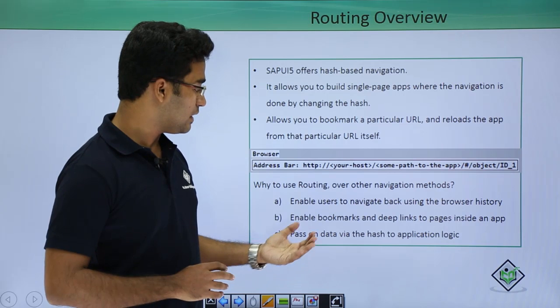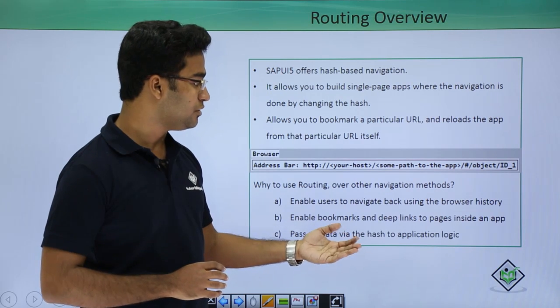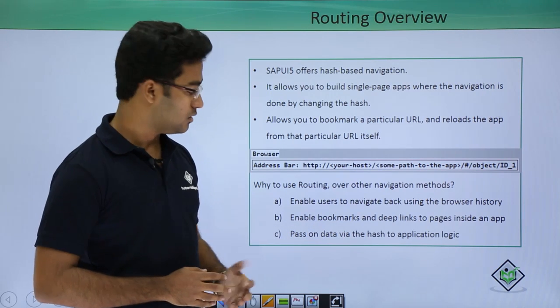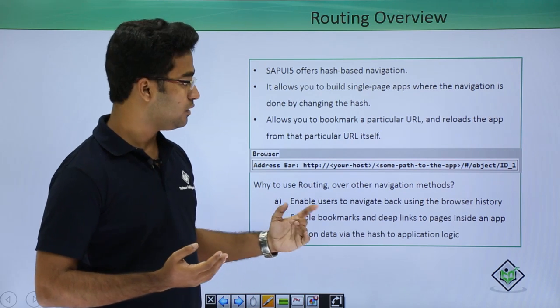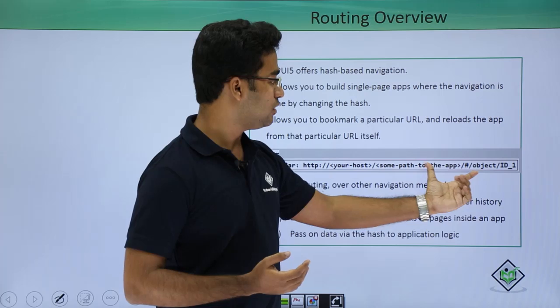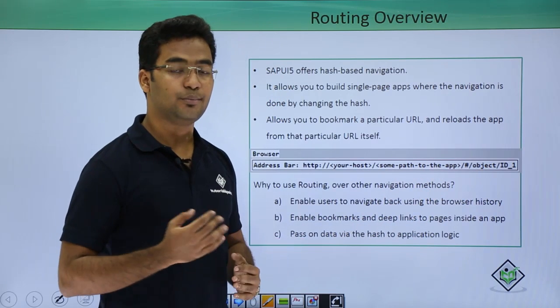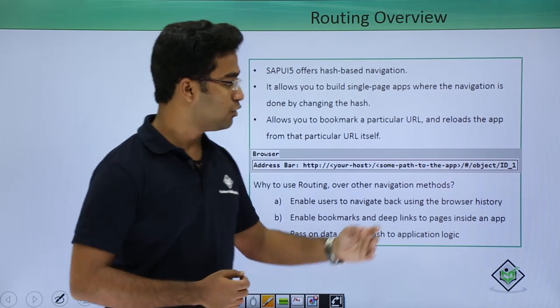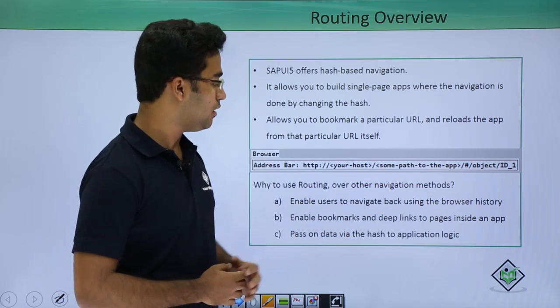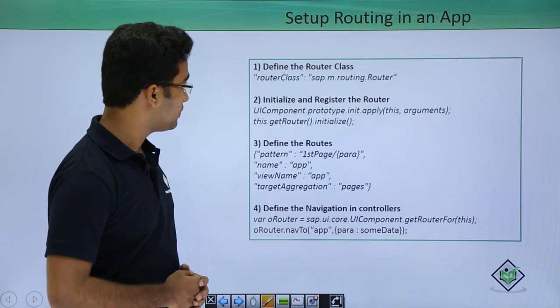The second is that it allows bookmarking and deep links to a page inside an application. The third is that it allows passing data using the application URL. This is the URL, and if we want to pass some data, we can pass it in the hash itself. We will see the example in the next slide.